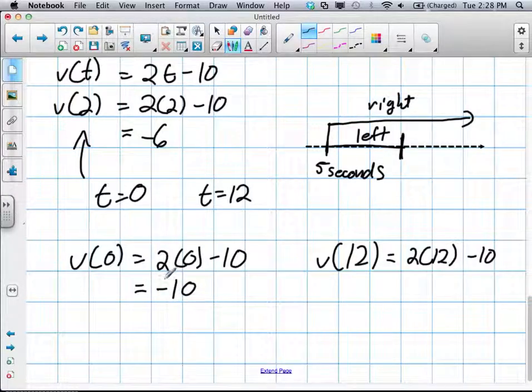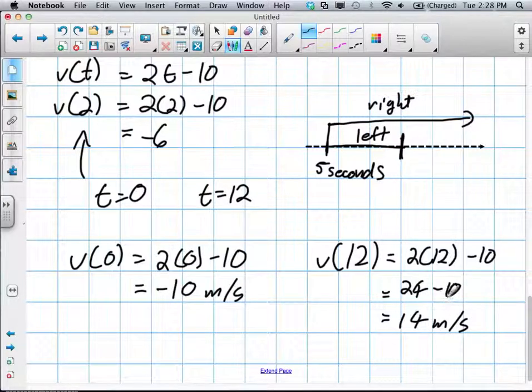Velocity in the first one is negative 10 at 0 seconds. So that velocity, meters per second, okay, it's heading 10 meters a second to the left. At 12 seconds, our velocity, 24 minus 10, is positive 14. So it's heading 14 meters a second to the right.